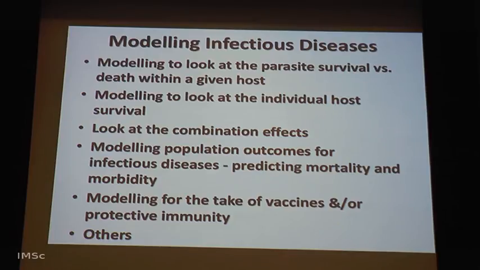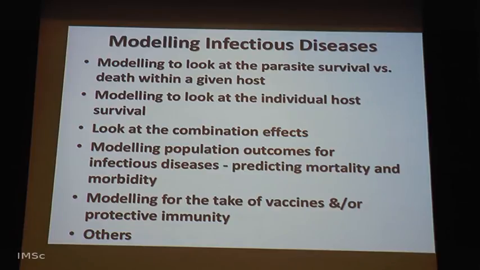The third point is, of course, looking at the combination of these effects. And the fourth one is what Sebastian was talking about, which was modeling population outcomes or population consequences for infectious diseases. So there is morbidity, mortality, and spread and other factors which will have to be taken into account.